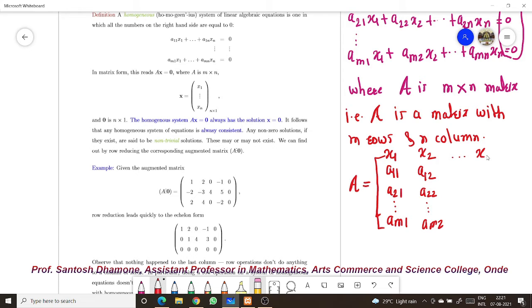This is the matrix A of order m by n. This matrix is known as the coefficient matrix.